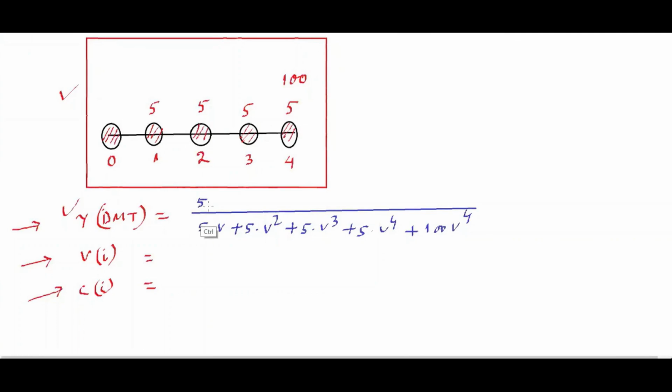Then you write the times also. 1 here, 5 into 1 into V plus 5 into the time you need to write here, V square plus 5 into time 3 into V power 3, 5 into time 4 into V power 4 plus 100 V power 4.